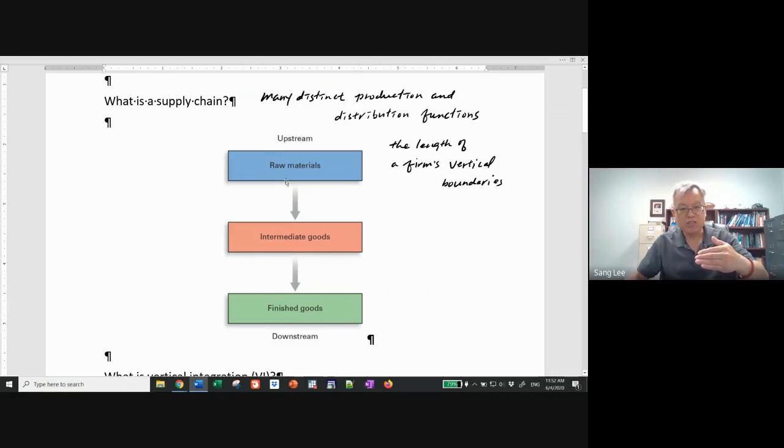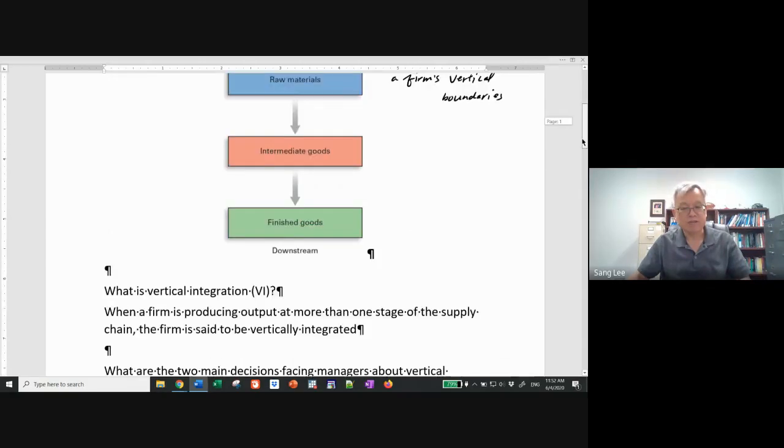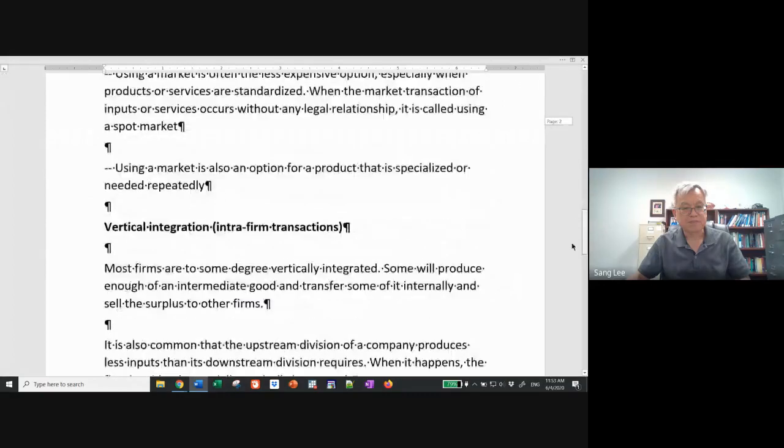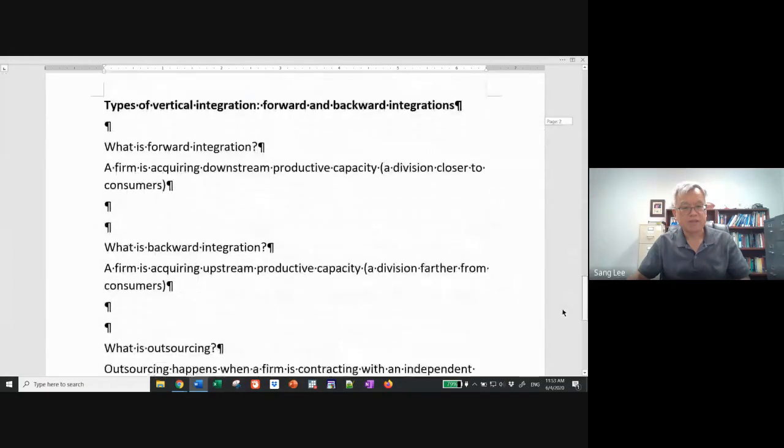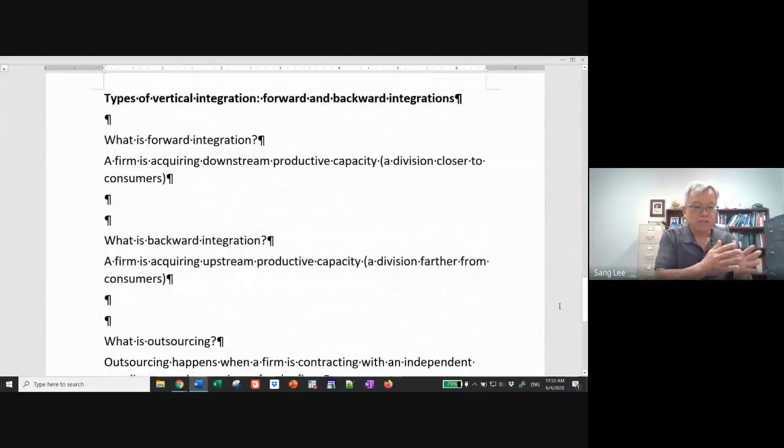or if you add here another division that produces another intermediate good, then we call that backward integration. Okay, so let me go back to where we were. Forward integration is you are expanding your supply chain closer to consumers or downstream.